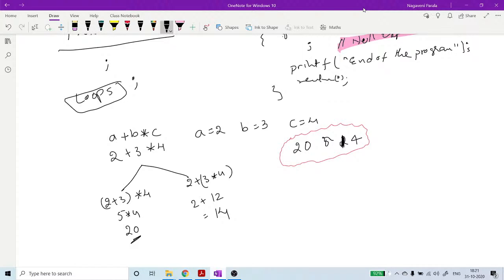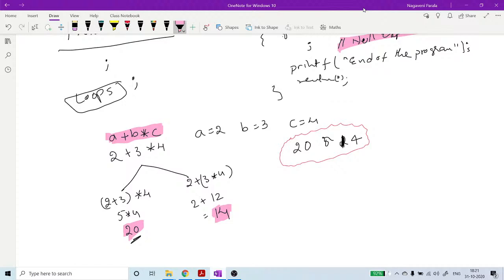When I have given this expression a plus b star c in the program, and someone is getting 20 and someone is getting 14 manually on paper, which value should the program return? So which is the correct way of evaluating?